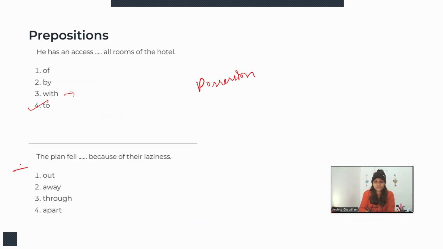Let's move on to the next question. The plan fell because of their laziness. The plan fell out, or fell away, or through, or apart.